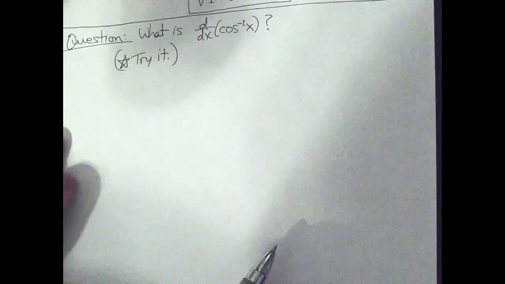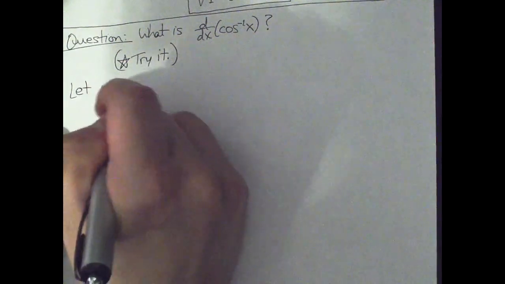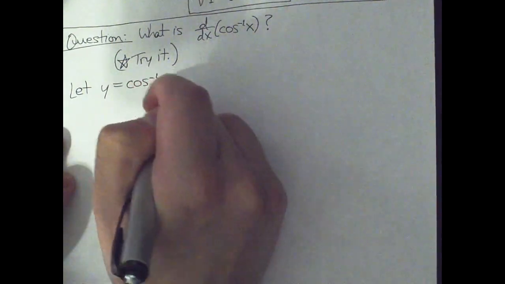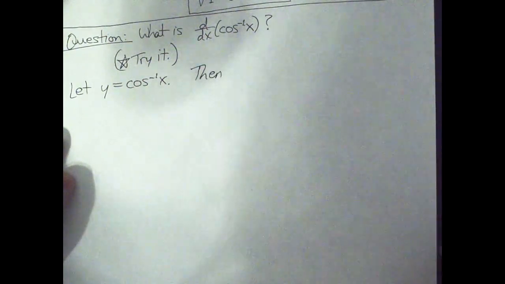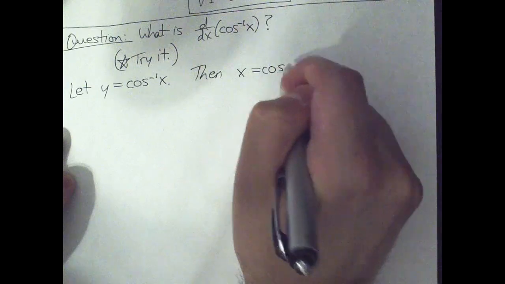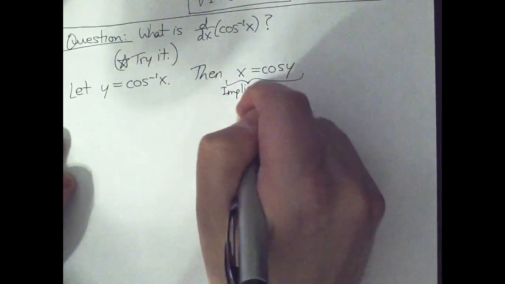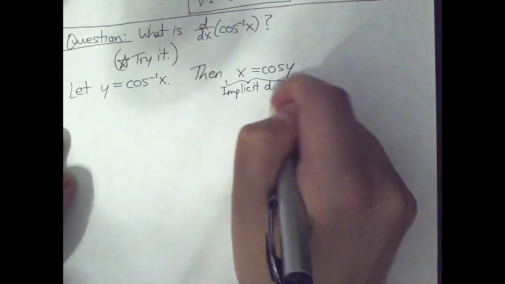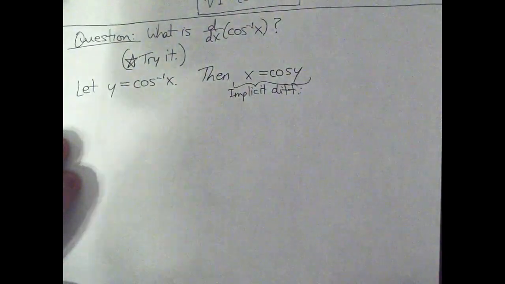All right, so what we wind up with is we let y equal inverse cosine of x. We say, well, by the definition of inverse cosine, that means that x is cosine of y. We say we want to use implicit differentiation on this. It's a good place to start.